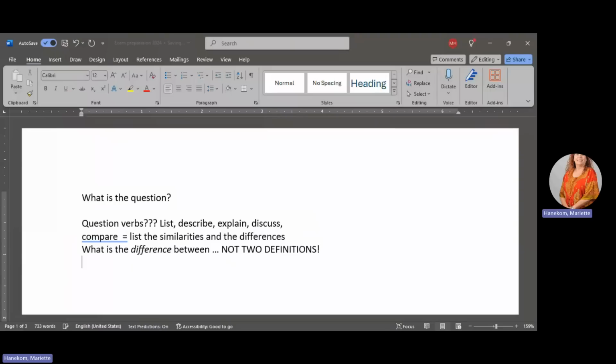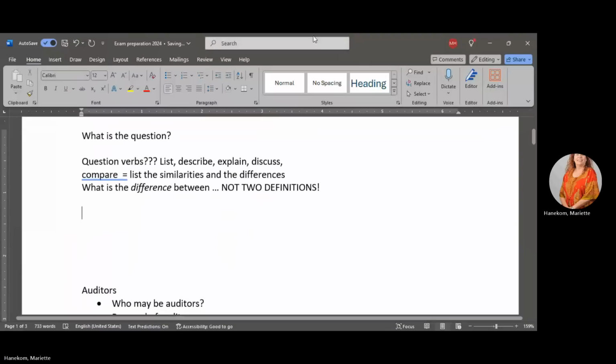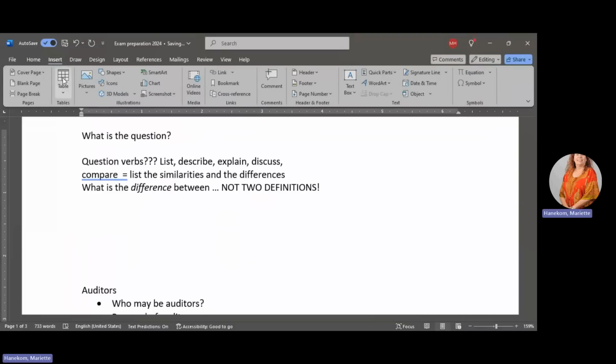Let's give you an example. I'm going to do this in tabular form.